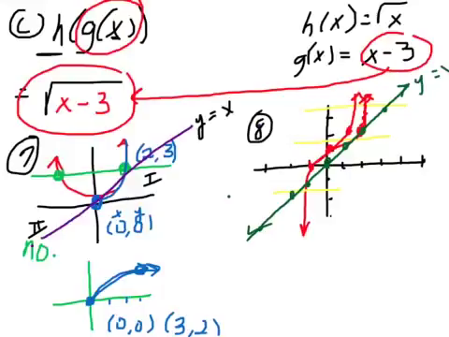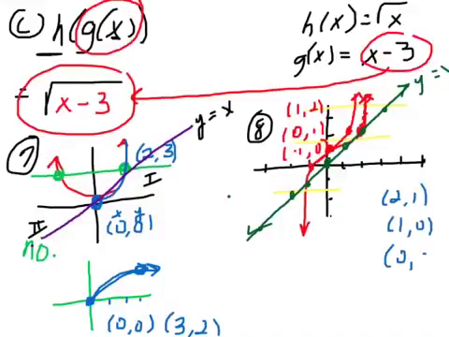You try to go perpendicular to the line on one side and then go perpendicular off at the other side and count the same distance over. Now what I find easier to do is to take those good points that we have, and I'm going to list those points in red since I graphed in red. There was the point 1, 2, 0, 1, and -1, 0. And if I want to graph the inverse, I'm going to graph this in blue. If I'm going to graph the inverse, all I got to do is flip those points. So my inverse will be the points 2, 1, 1, 0, and 0, -1.